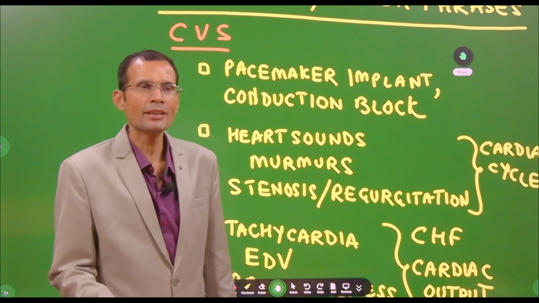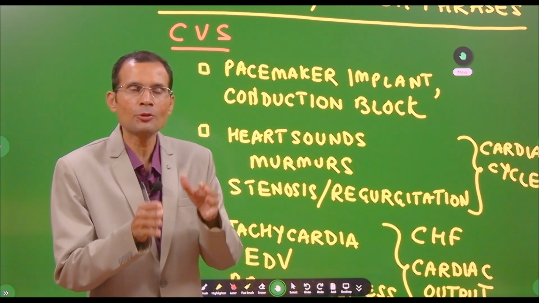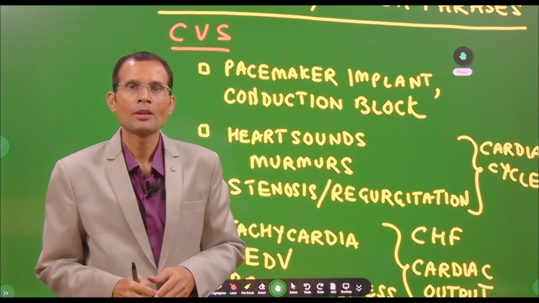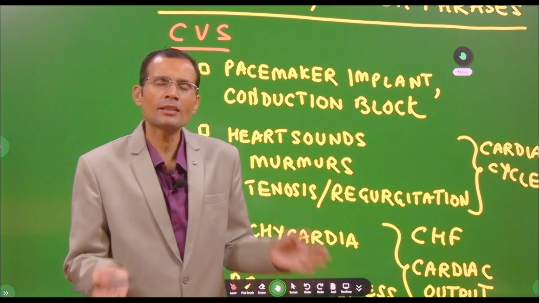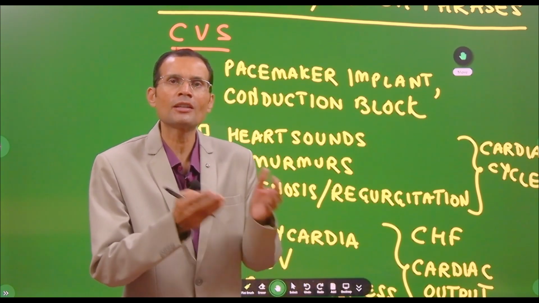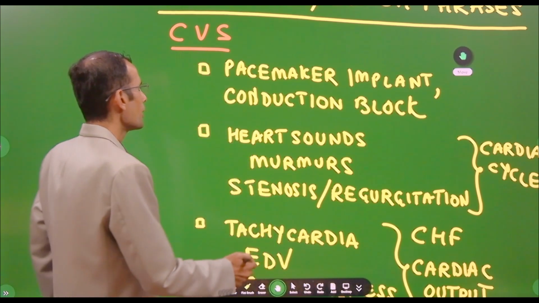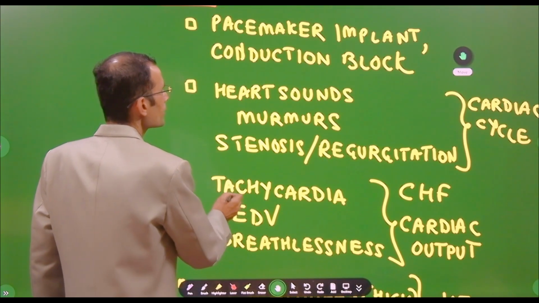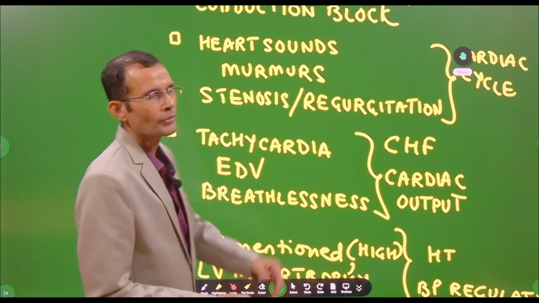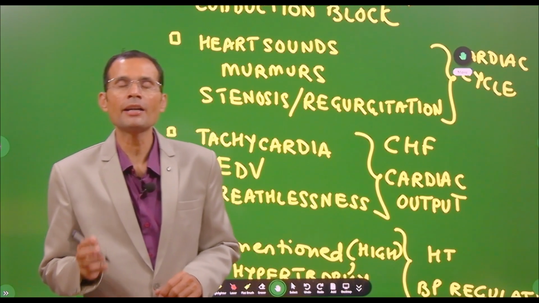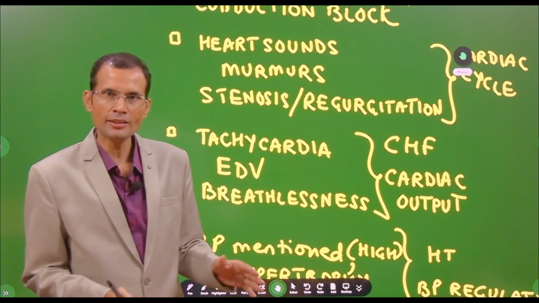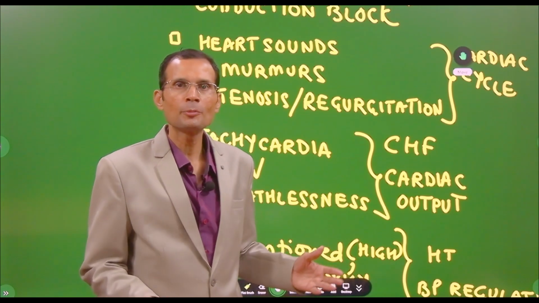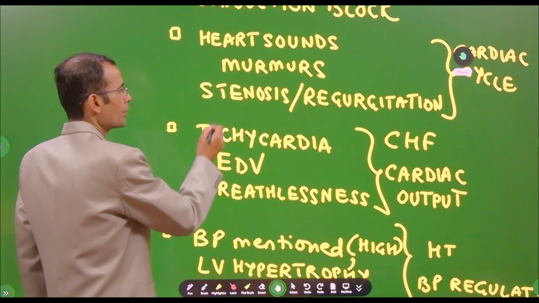In CVS, once you have located that the case is related to the CVS, and then they ask you what are the parts of this system, it's a catchphrase. This is parts of the conducting system. Okay, heart sounds, murmurs, stenosis, regurgitation. This is generally required in the cardiac cycle. So the question definitely is on the cardiac cycle, and then you will be asked to write the cardiac cycle.